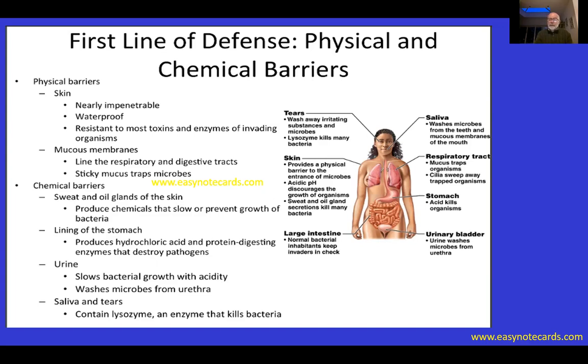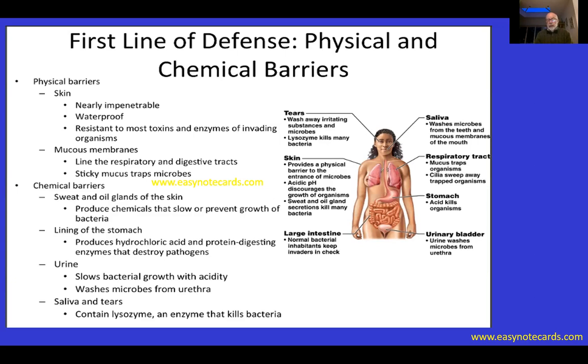Now, chemical barriers: sweat and oil from the skin produce chemicals that slow or prevent the growth of bacteria. The lining of the stomach produces hydrochloric acid, and the vagina also produces lactic acid.